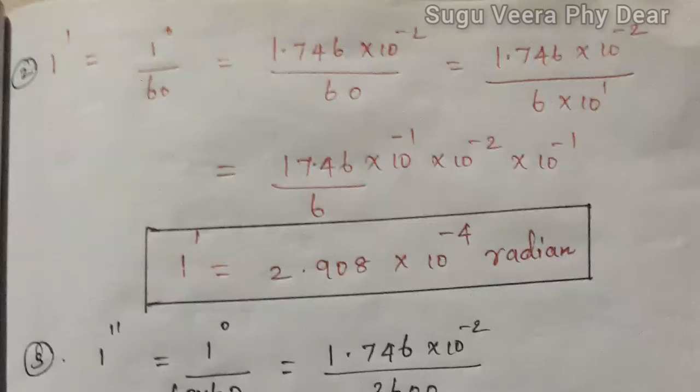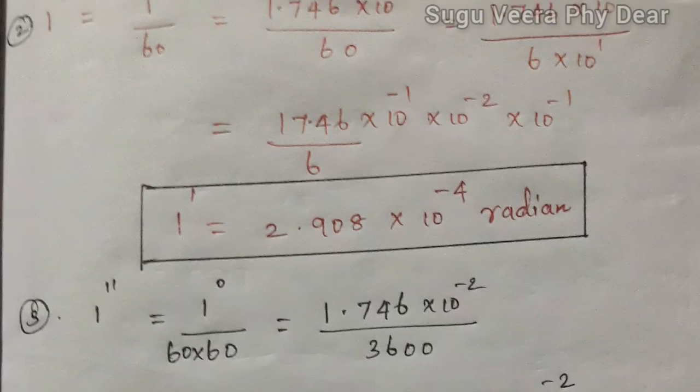It's equal to 17.46 divided by 6 into 10 to the power of minus 4. So finally we get the answer 2.908 into 10 to the power of minus 4 radian.